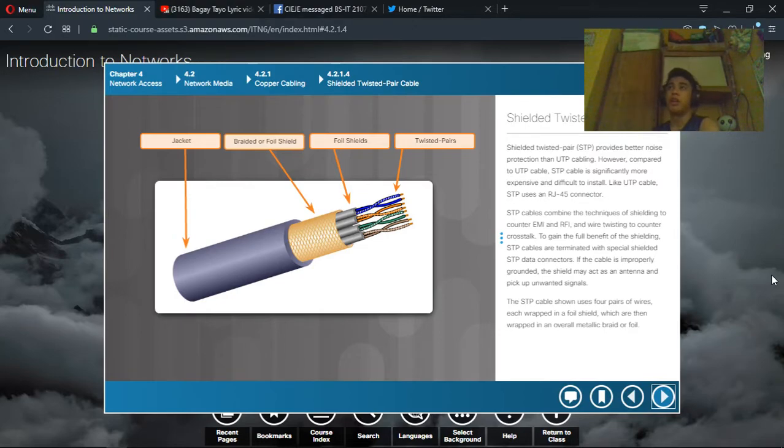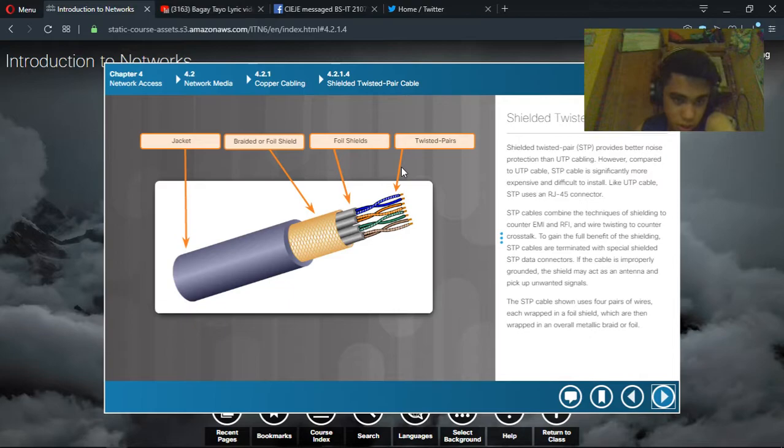But we can use them both with an RJ45 connector. They both use an RJ45 connector.